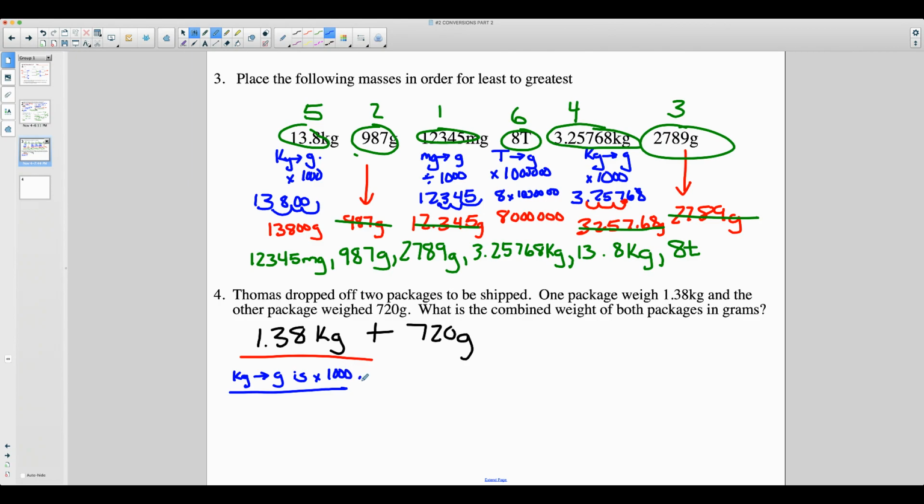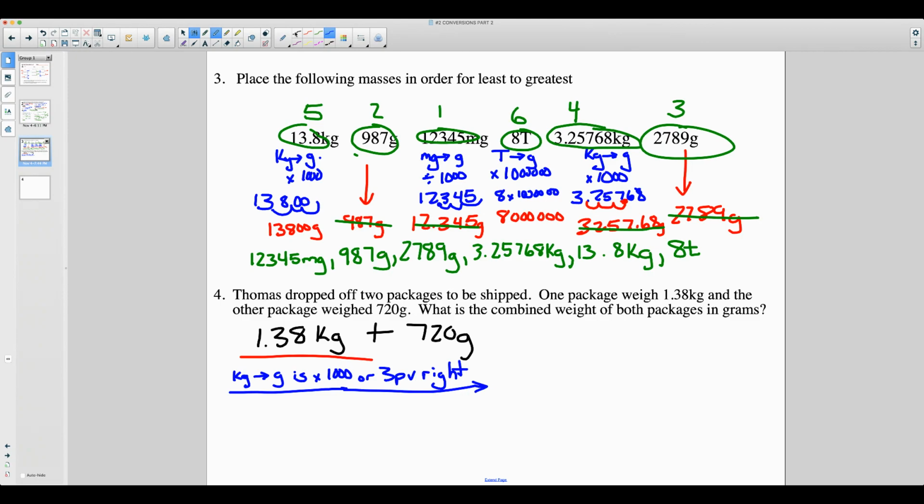Or 3 place values to the right. So we have to do the conversion here.